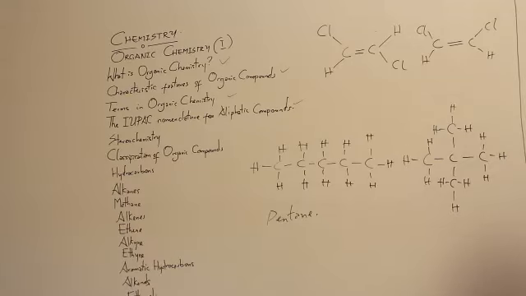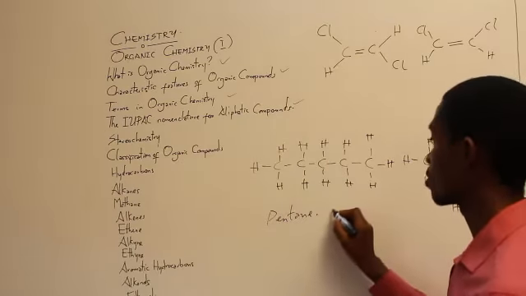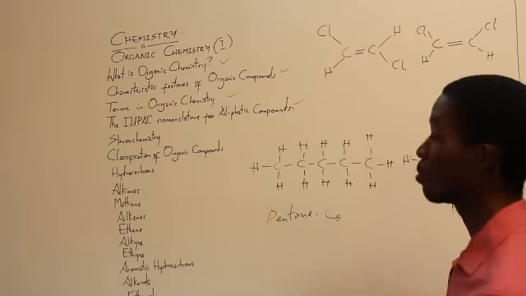Good. We also have 1, 2, 3, 4, 5. We would have liked to call this pentane, but we can't call it pentane because it does not have a straight chain. But let's see. This particular one has 5 carbons.